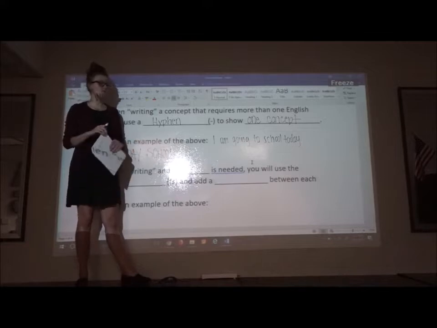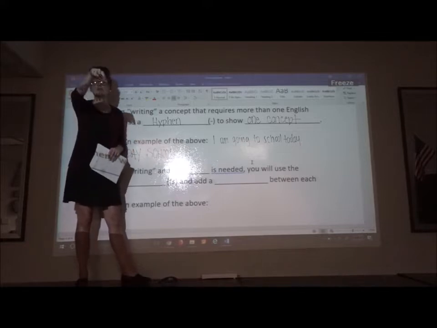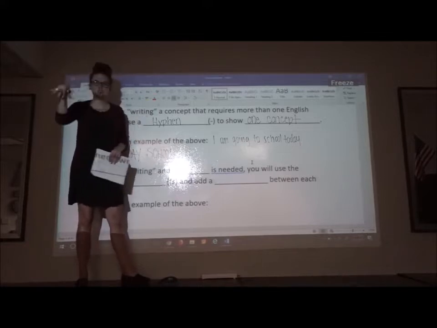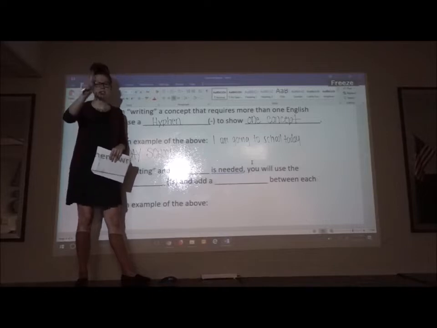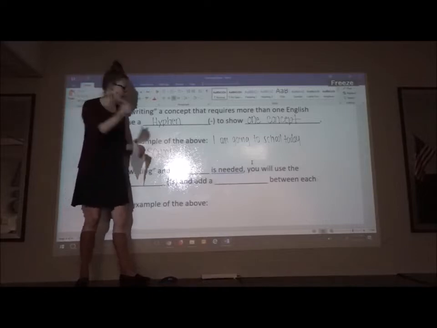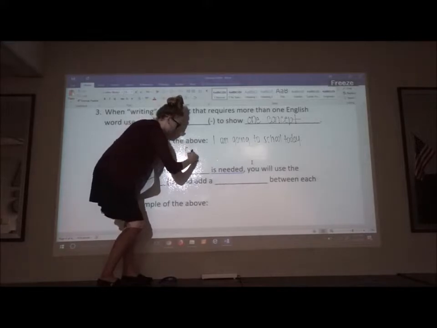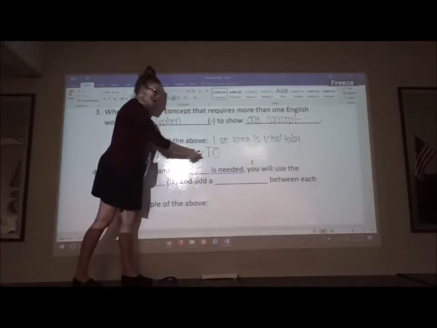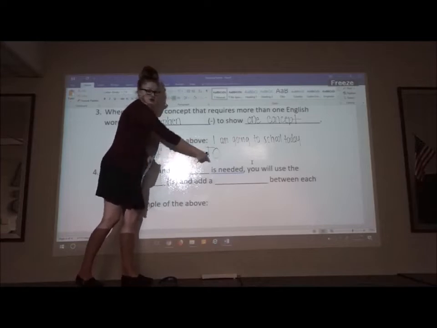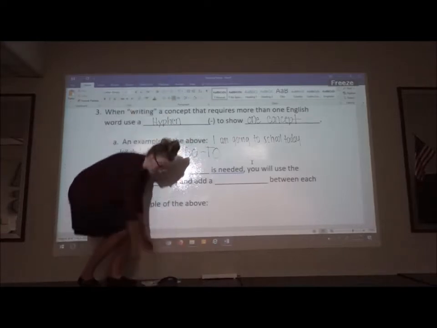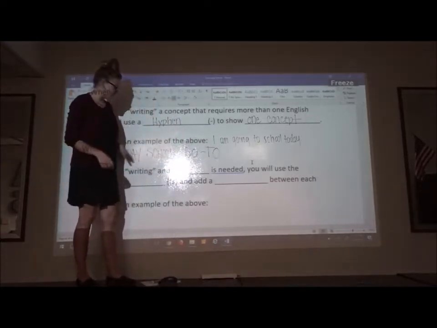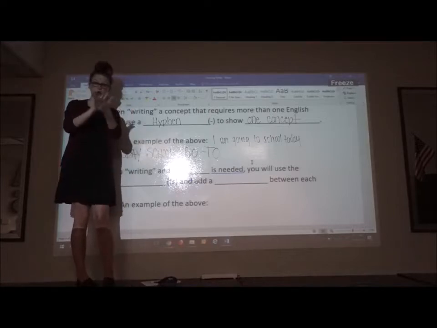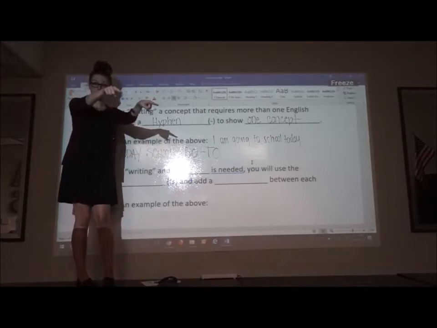We're going to. So, to go to somewhere is 2 English words, but it means one concept in ASL. So we're going to use a hyphen, go-to, to show that one concept with 2 English words. Alright, so if we're citing it in ASL: today, school, go-to.